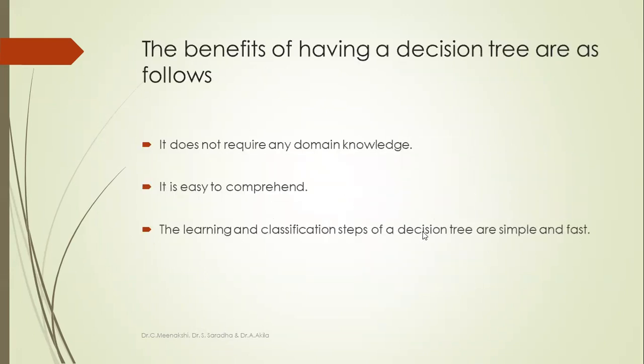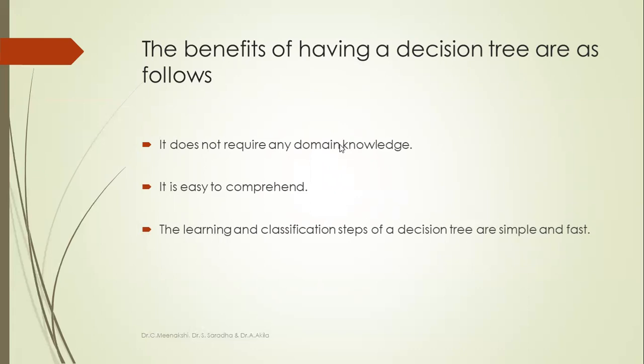The benefit of this is that it does not require any domain knowledge. By using the decision tree, we can easily understand. If I'm doing a bank classification, I need not have in-depth knowledge of how the approval will happen, or what the different rules and constraints are.